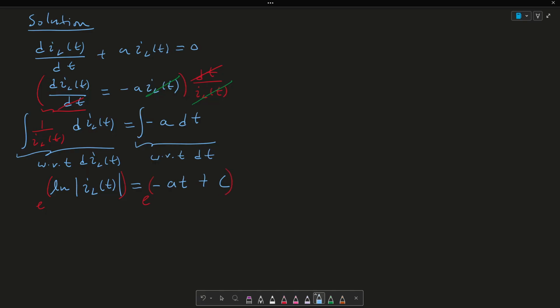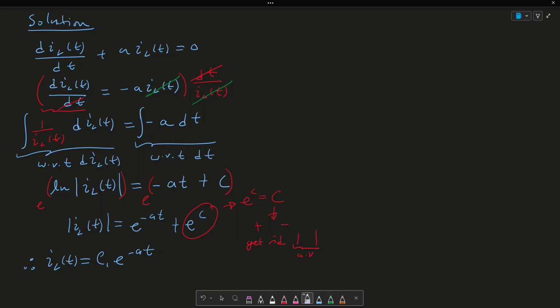So then we're left with the absolute value IL of t is equated to e to the minus At times e to the c. But again, e to the c is just a constant, and this constant can be positive or negative. As a result of that, we can get rid of the absolute value. Okay? So therefore, we can say then that IL of t is equal to C1 e to the minus At.